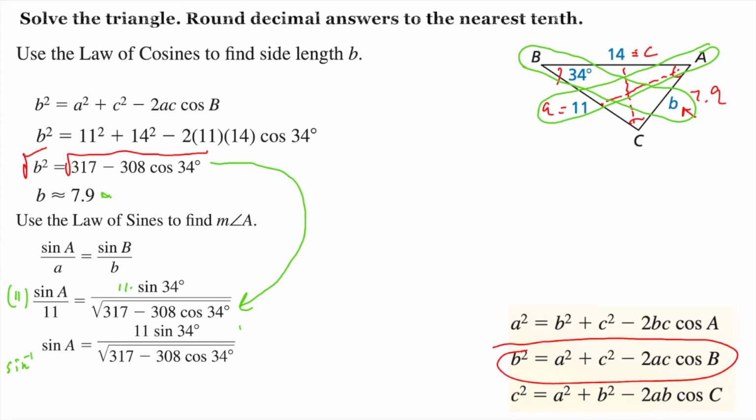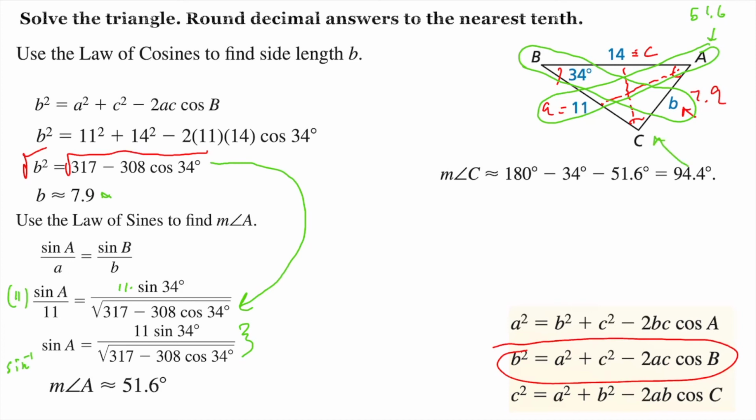Substituting this whole thing into your calculator, the sine inverse of everything you see there is approximately 51.6, which means that this angle A is 51.6. Now, since we have two angles, I can subtract 34 and 51.6 from 180 to get the measure of angle C, which is approximately 97.4.